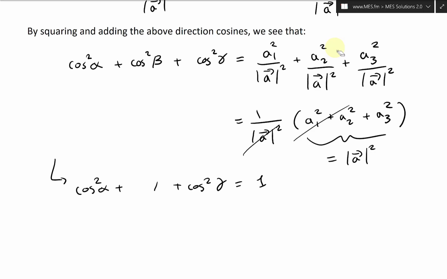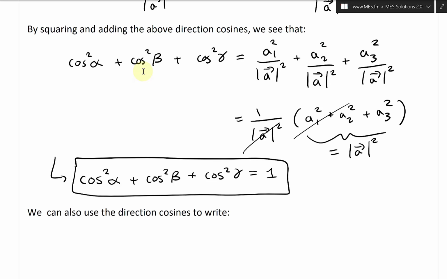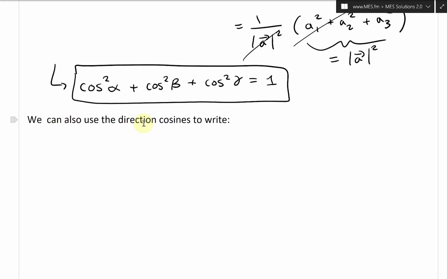Like that. Alright, going further, we can also use the direction cosines to write our vector A with its components a1, a2, a3.